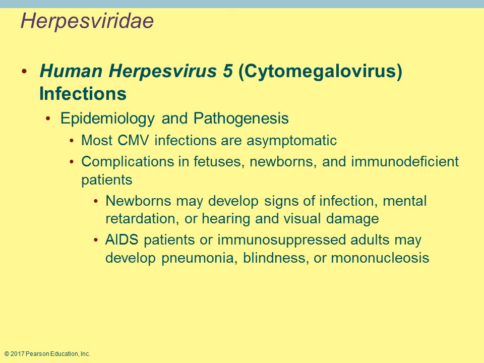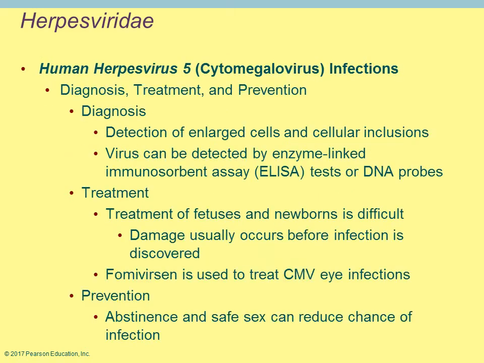It can be just devastating. AIDS or immunocompromised patients can also develop mononucleosis, pneumonia, etc. So in a healthy individual with a strong immune system, like I said, it's usually not going to be a problem. But if you're immunocompromised or a newborn, this can be devastating.